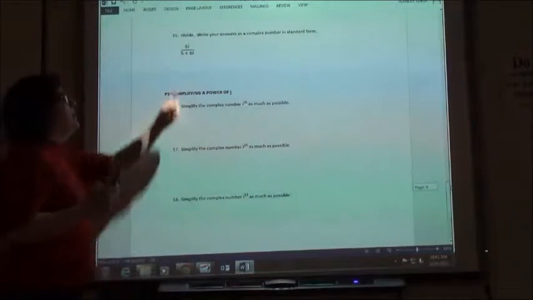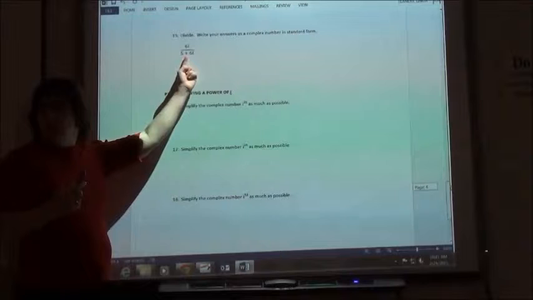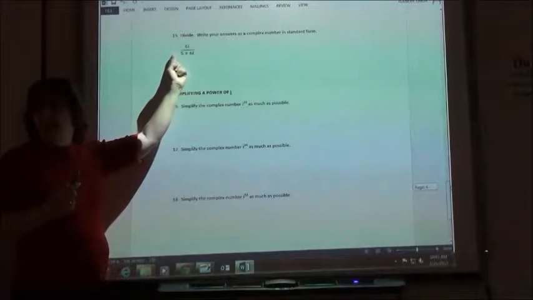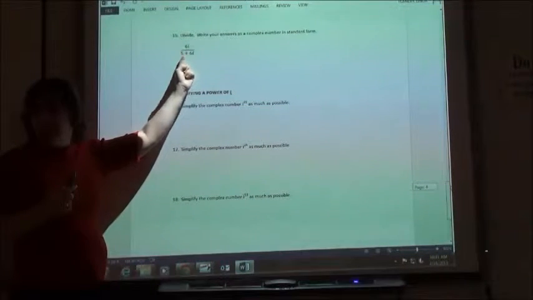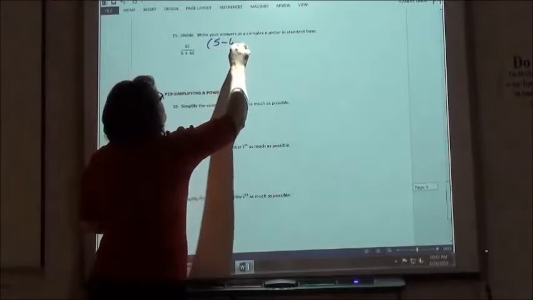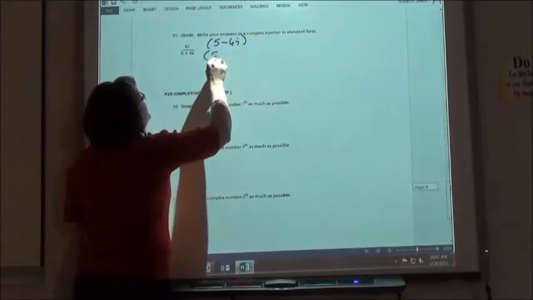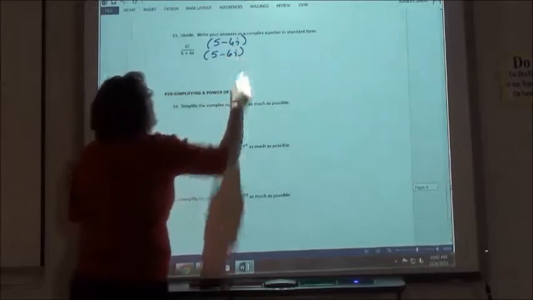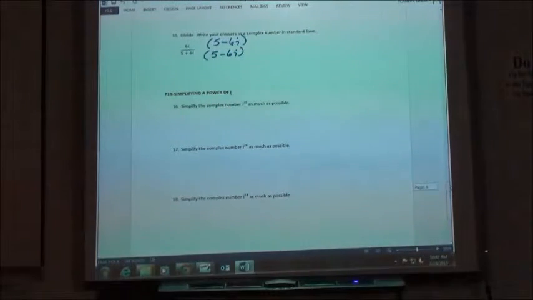We're going to use 5 minus 6i. So we have the same two terms, we just have the opposite sign in the middle, the opposite sign in front of our i term.